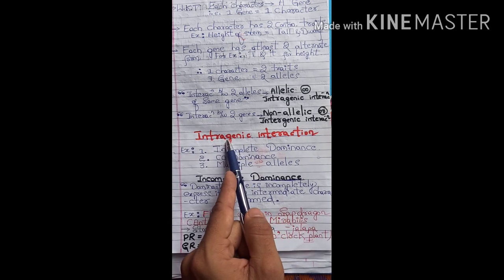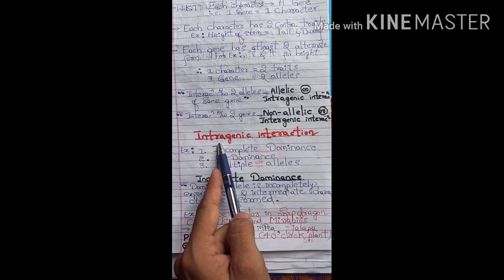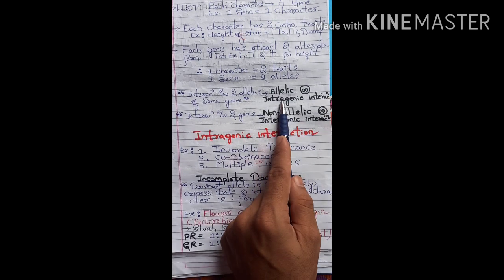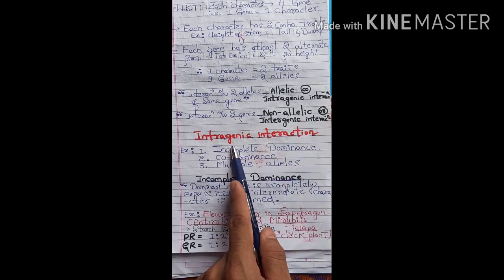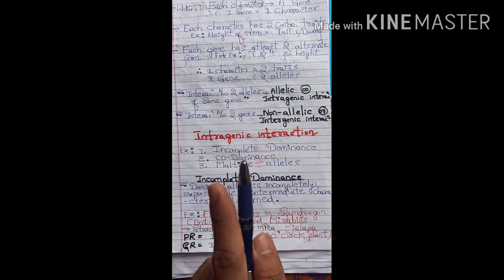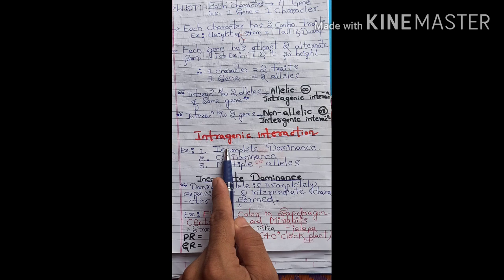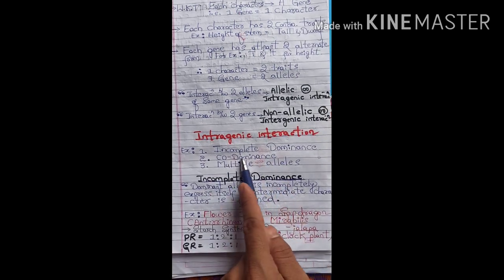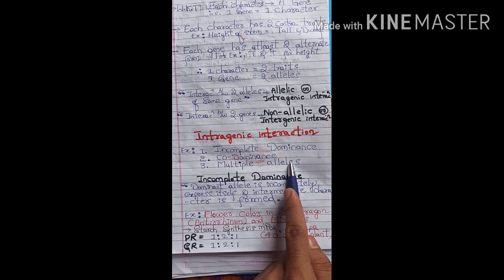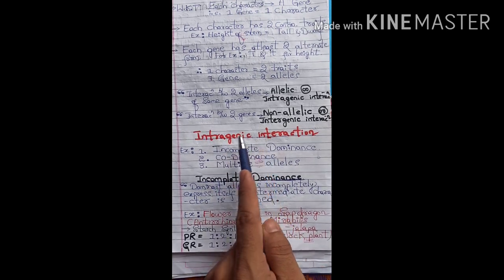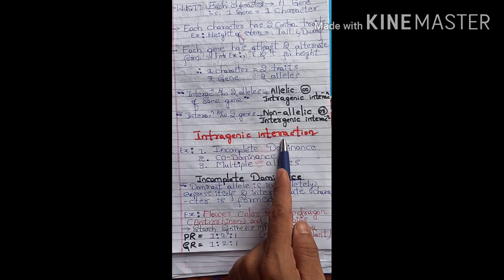So when the interaction takes place between the two alleles of the same gene, it is referred to as intragenic interaction or allelic interaction. Actually there are 4 examples: complete dominance, incomplete dominance, codominance, and multiple alleles. These are the 4 examples of allelic interactions or intragenic interaction.